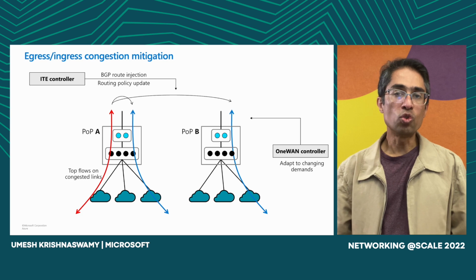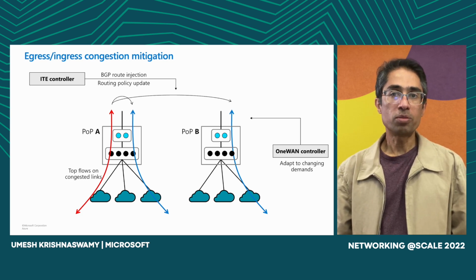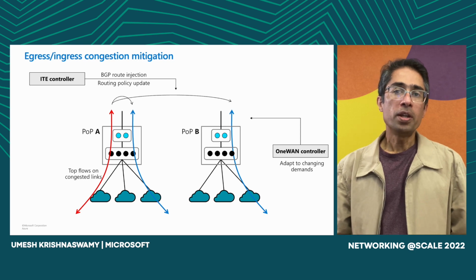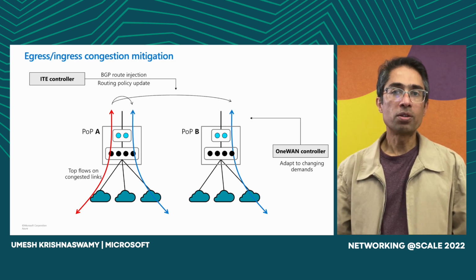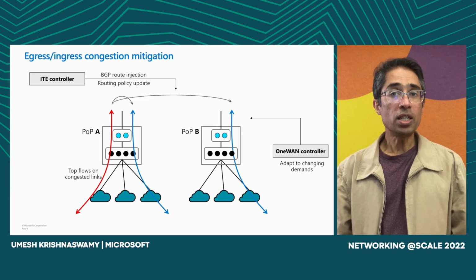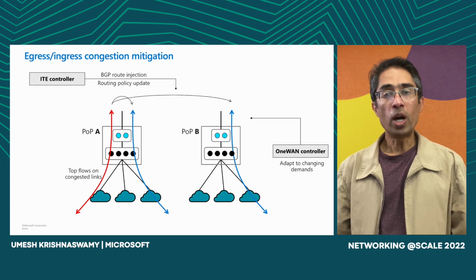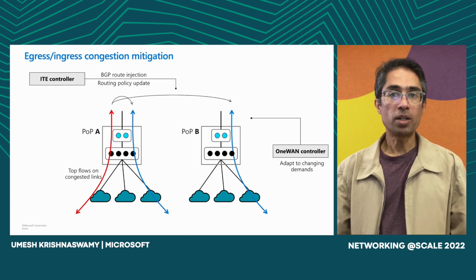ITE performs the move by injecting BGP routes or routing policy updates. Now, the ITE and OneWAN controllers do not directly communicate with each other, but ITE checks for safety before moving flows, and OneWAN adapts to the change in demand.